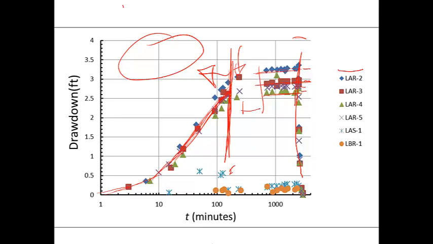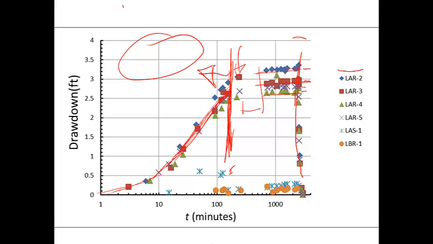And so what we think is at about this time, at about 200 minutes or so, the aquifer starts to interact with the stream. And instead of pulling water out of storage, it can capture water that either is coming out of the stream or that would be headed towards the stream as recharge.